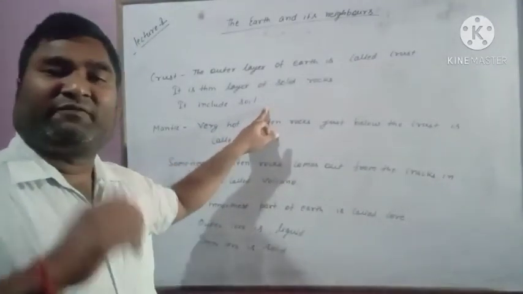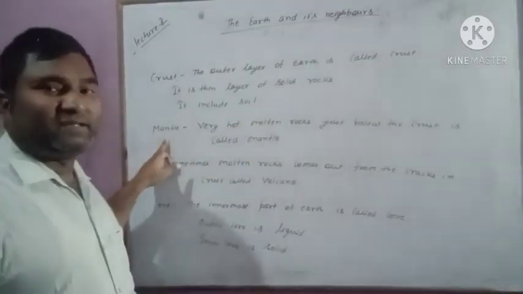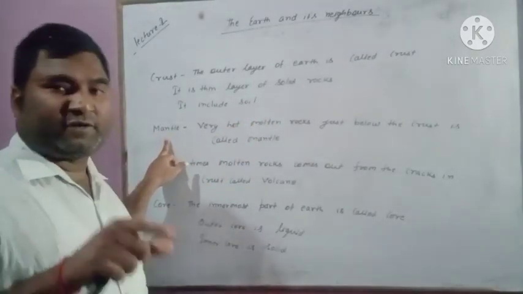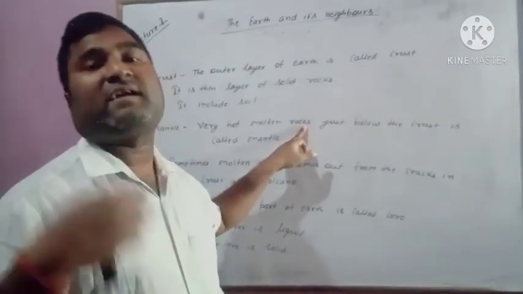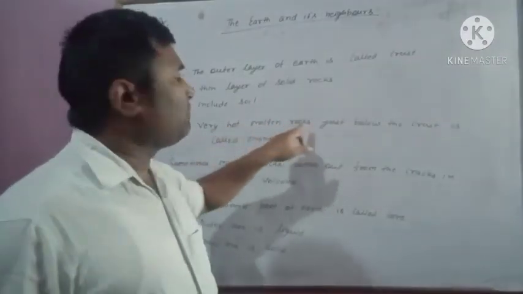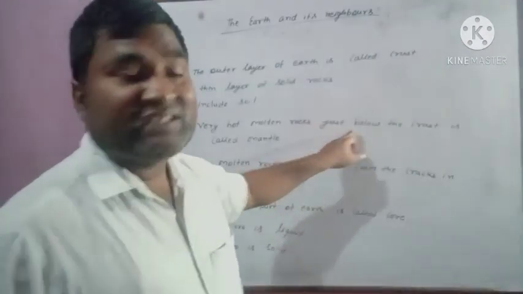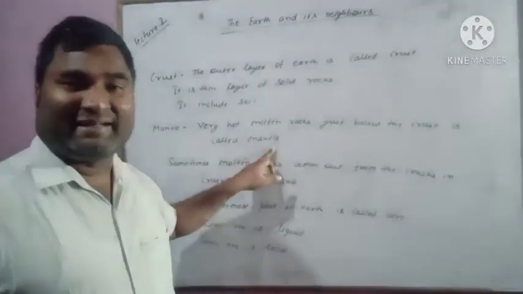We know weathering of the rocks results into soil. Mantle, very hot molten rocks, means it is so hot that rocks have melted. So very hot molten rocks just below the crust is called mantle.